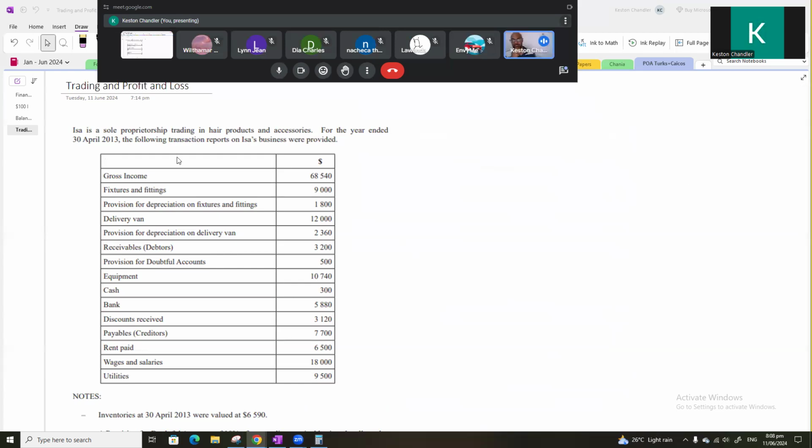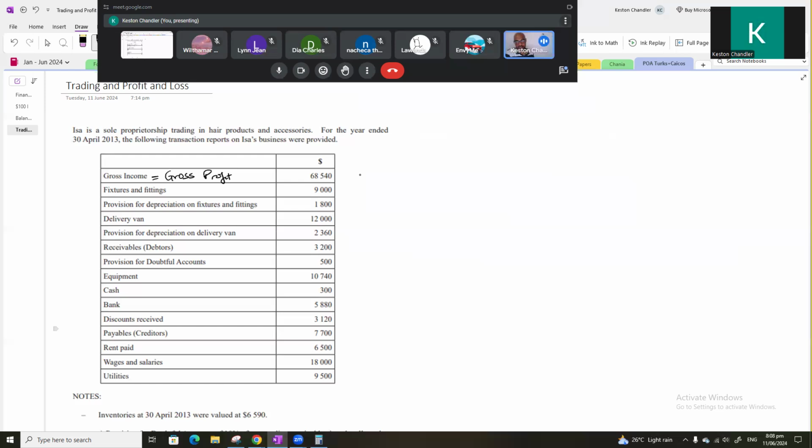For the year ended 30th April 2013, the following transaction reports on Issa's business were provided. We have gross income, right, 68,540. In a situation like this, we don't need to calculate sales and that type of thing. They've already worked it out. This is equivalent to our gross profit. So we are literally just doing the profit and loss section of this income statement.